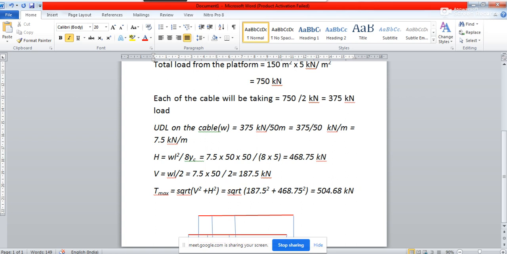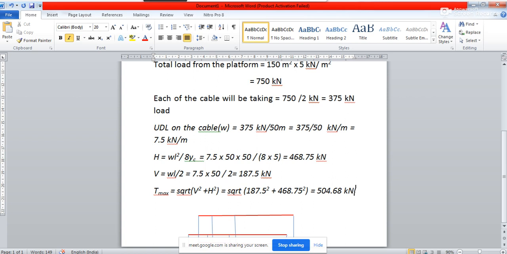See, the problem is simple. The only thing is you will have to understand the diagram. Physically understand how the load is transferred from the bridge deck to the cable. On the area of the bridge deck there is load, as cars and people move over it, given in kilonewton per meter square.